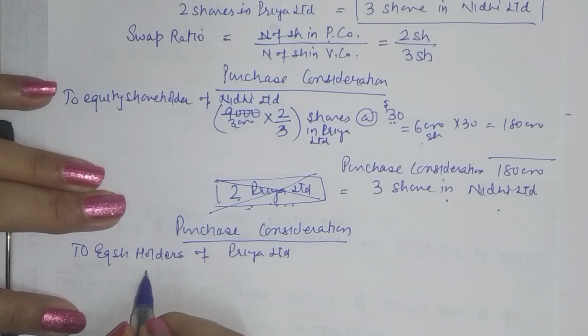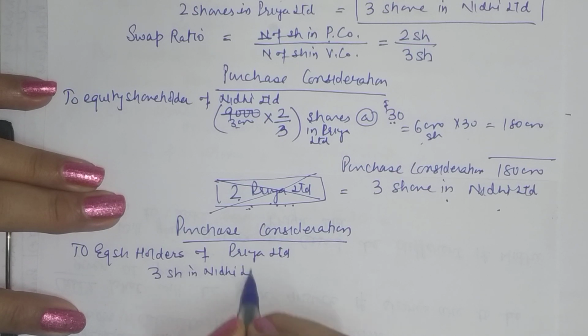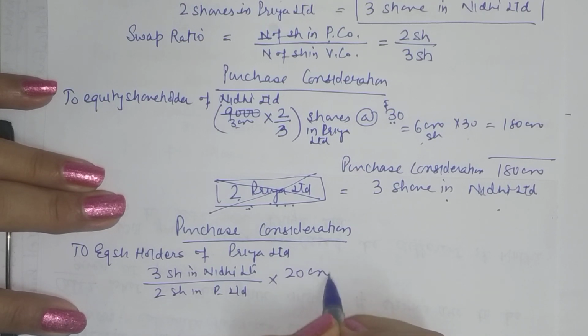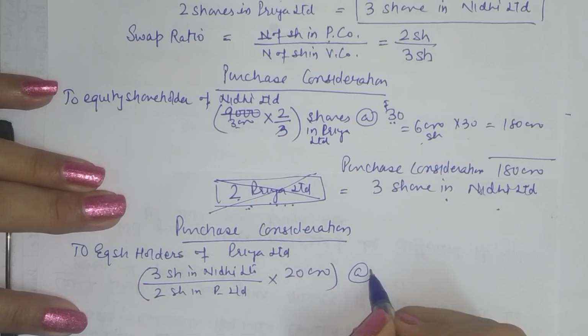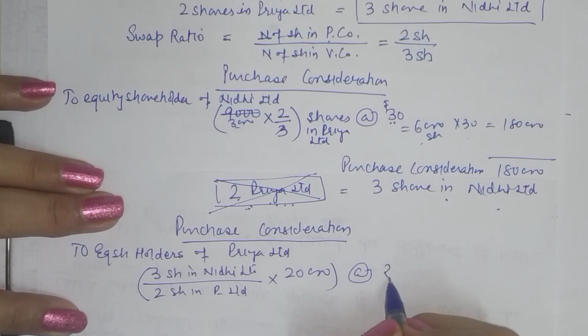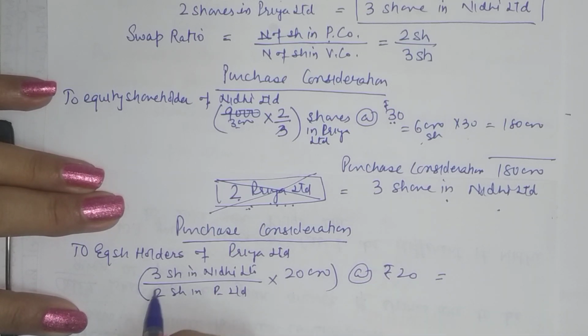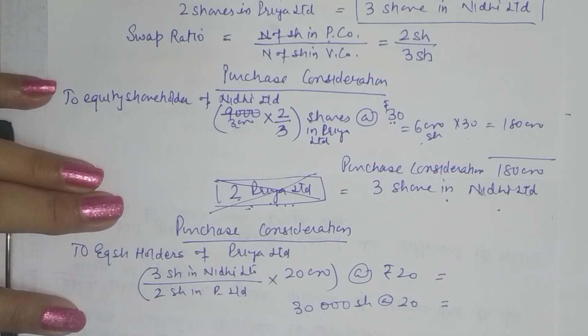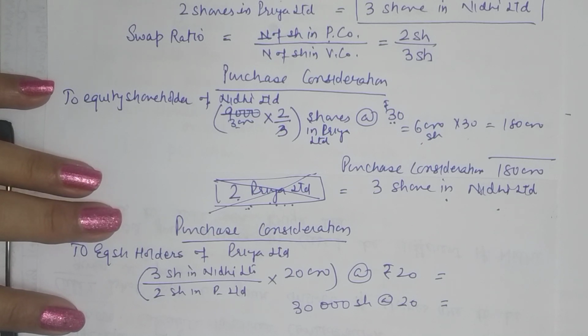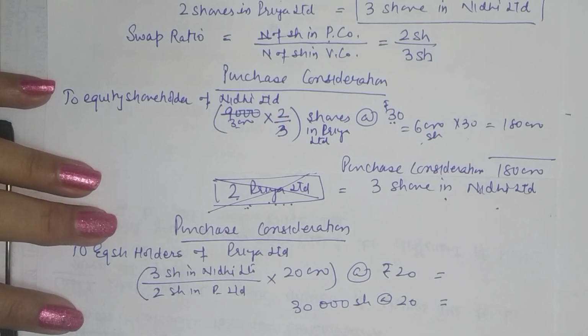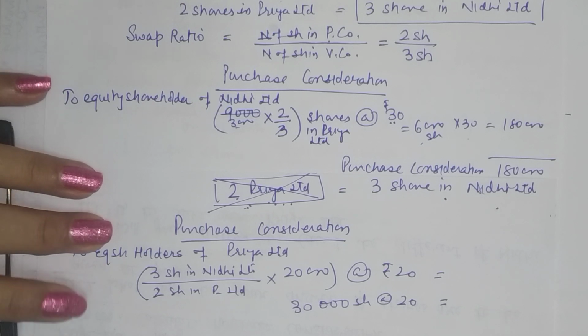They will be getting 3 shares in Nidhi Limited, that is the shares in the new company, for every 2 shares in their existing company. And in the existing company, they are holding in all 20,000 shares, and the new company is having 20 rupees per share. So how many shares? 30,000 shares at the rate of 20 rupees. Right? So you will be getting 6 lakh rupees of purchase consideration. Okay.